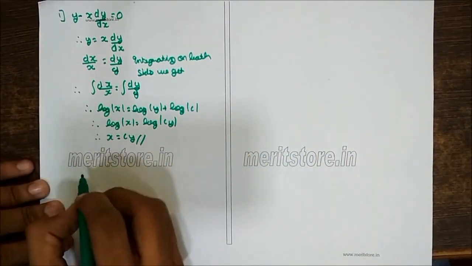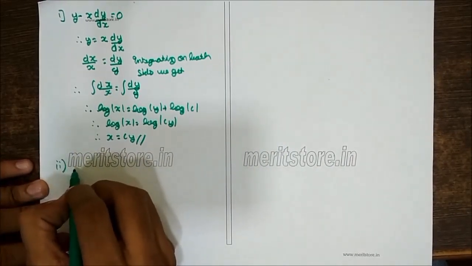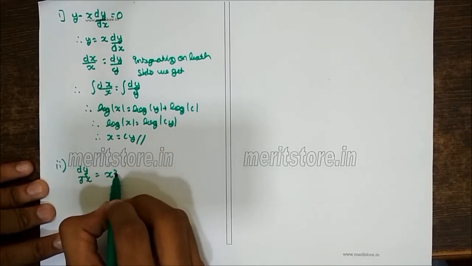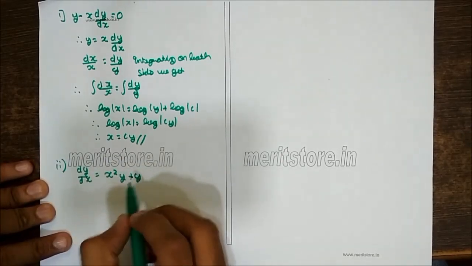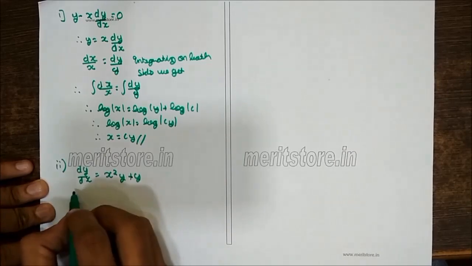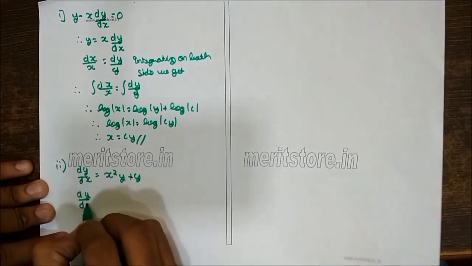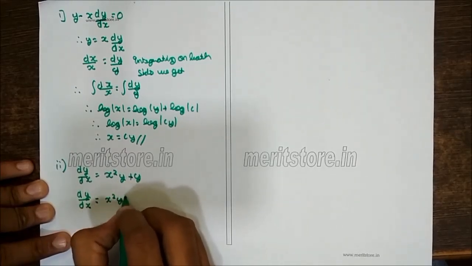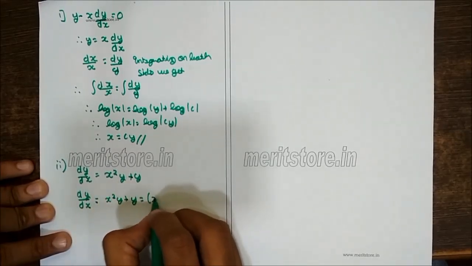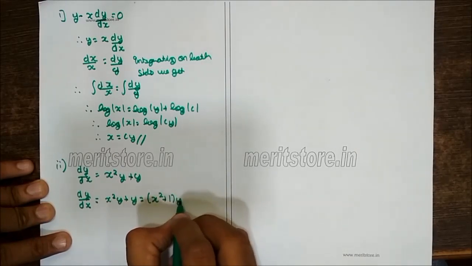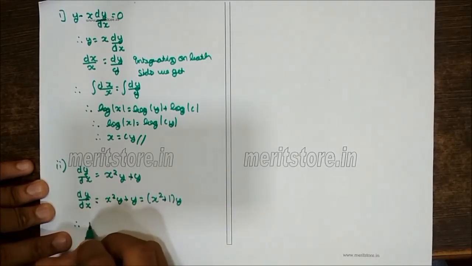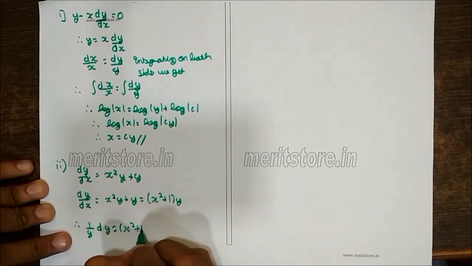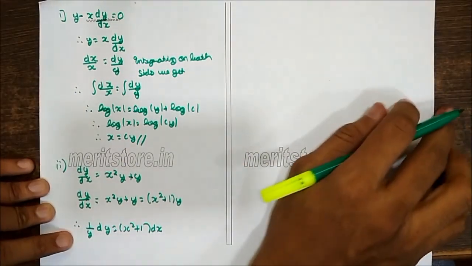Let's take another example. The example is dy by dx is equal to x square y plus y. So dy by dx is equal to x square y plus y, which is equal to (x square plus 1) y. Therefore 1 upon y dy is equal to (x square plus 1) dx.